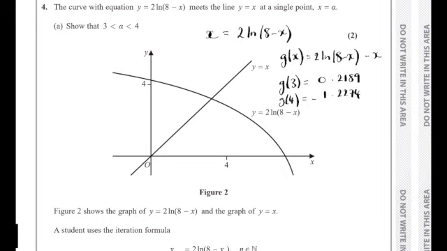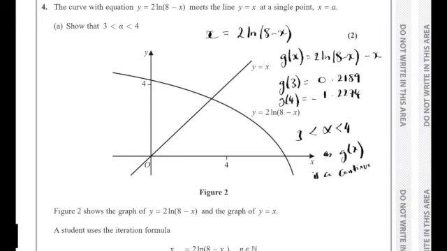So I'm going to say, since g of x is a continuous function and I can see that there's a change in sign between plus and minus, I can conclude that there is indeed a solution between the values of 3 and 4. Okay, so that's the first part. The curve meets the line where x equals alpha, and I can conclude that alpha is between 3 and 4, as g of x is a continuous function.